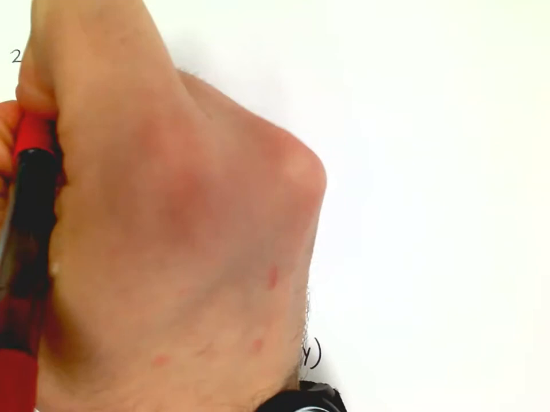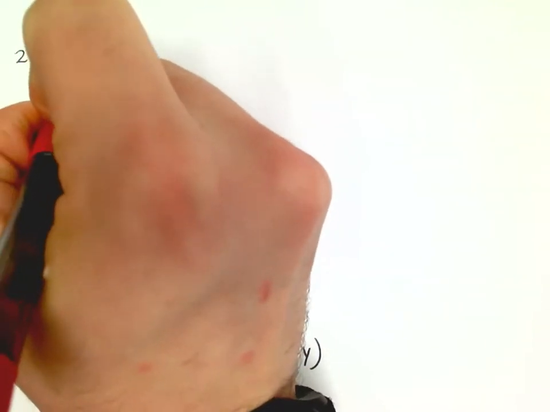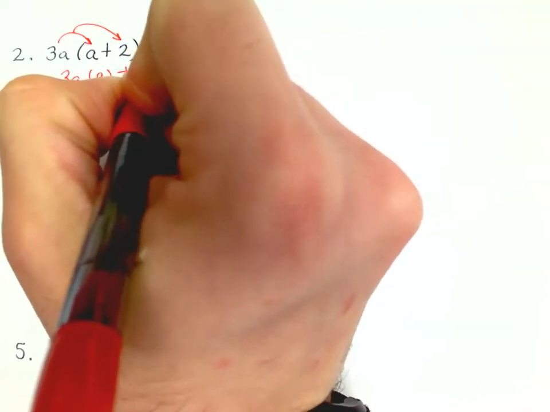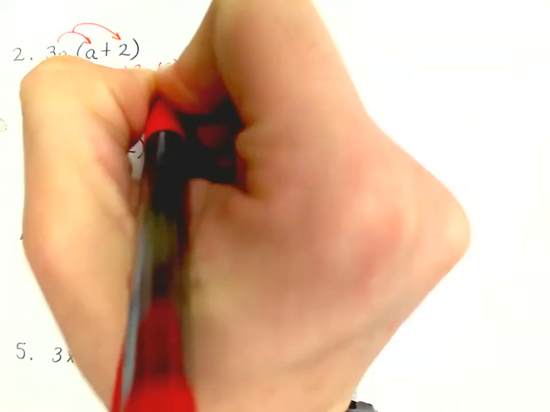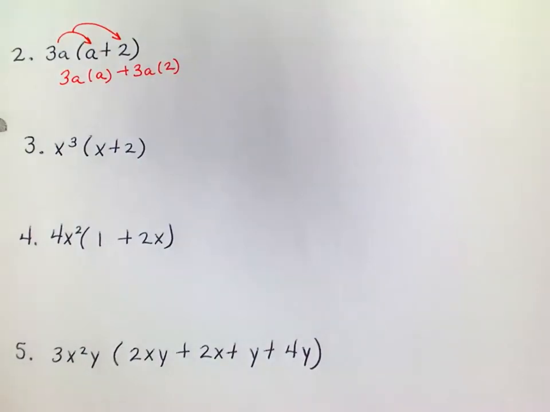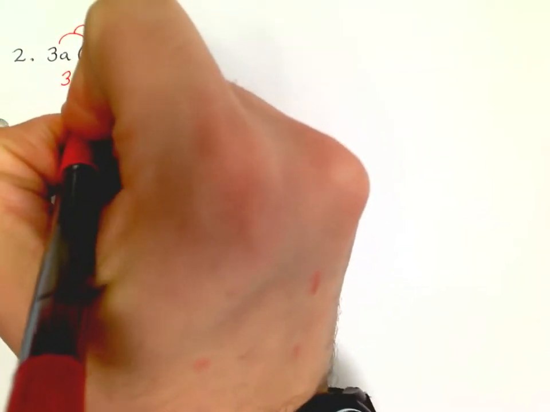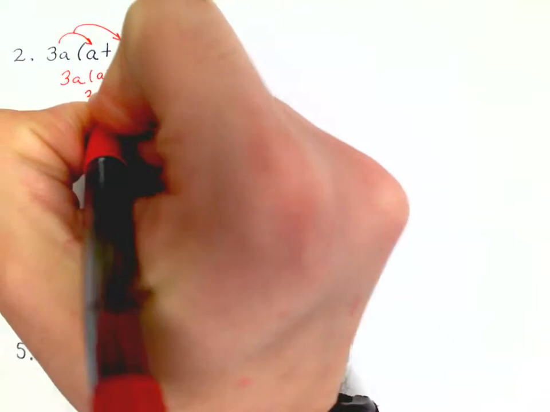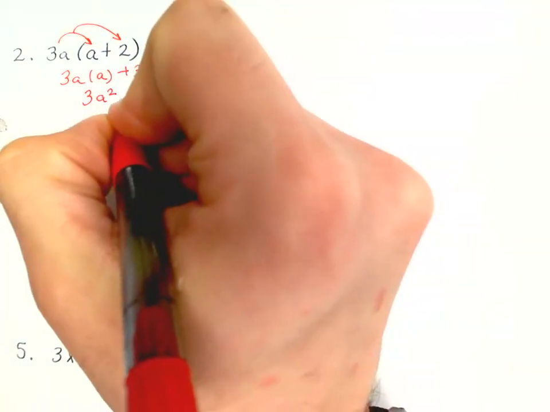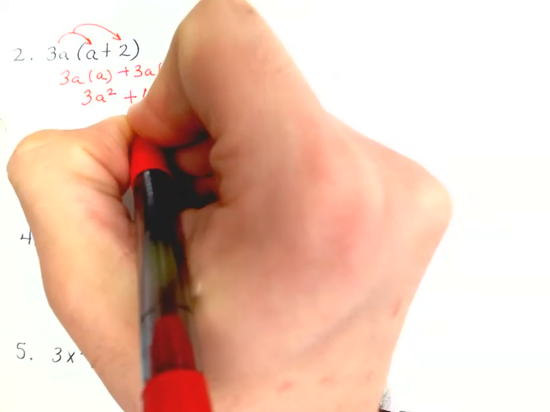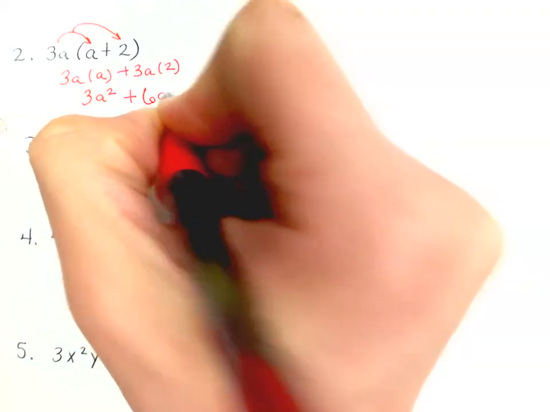We want to do that by saying 3a times a plus 3a times 2. And let's go through and simplify. 3a times a is 3a squared plus 3a times 2. 3 times 2 is 6, and then we just bring the a along with it.